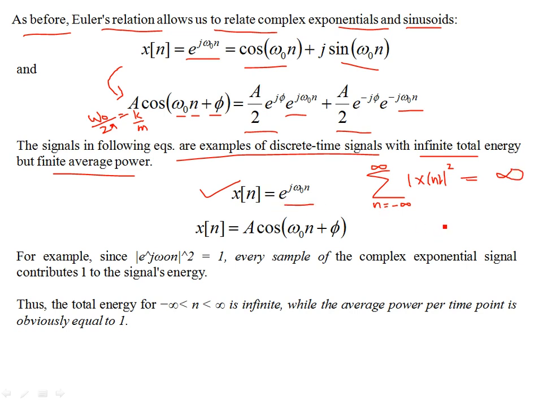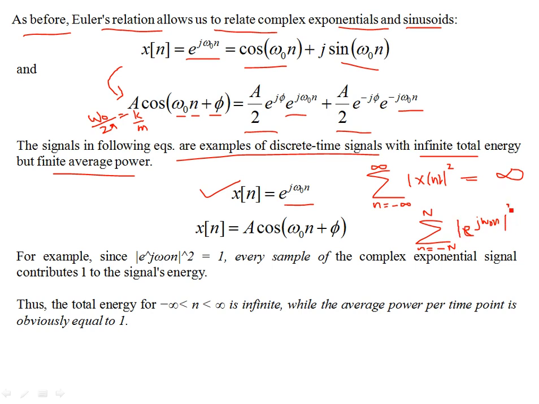Why? Let's say n is from minus N to plus N, and let's plug this in. This is e to the j omega naught n, magnitude squared.